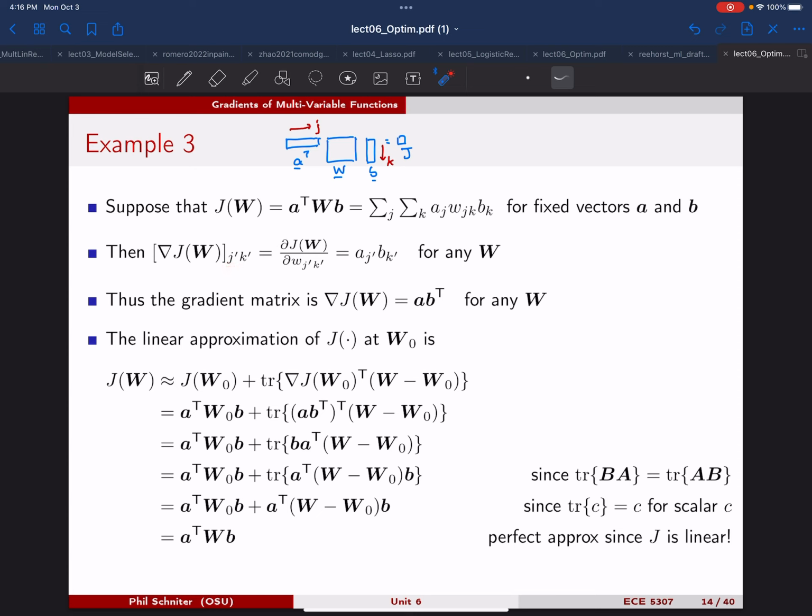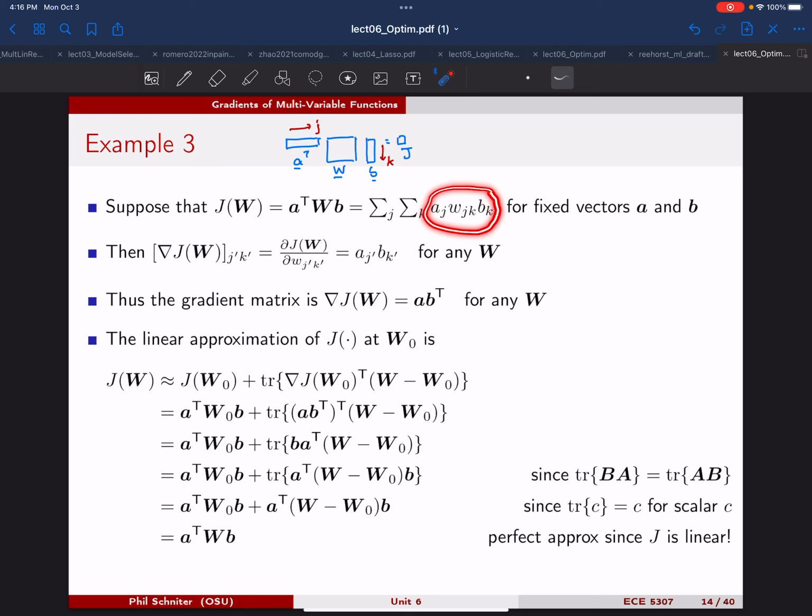So we want to compute this element of this gradient, which by definition means I want to compute dJ/dW at j prime, k prime. If you apply this derivative to this expression, due to linearity, the derivative can move inside.